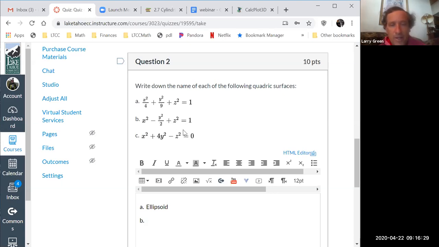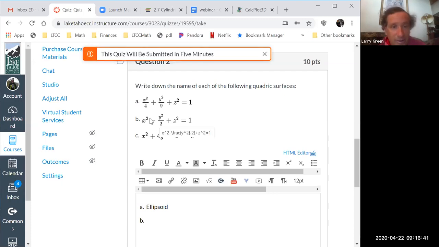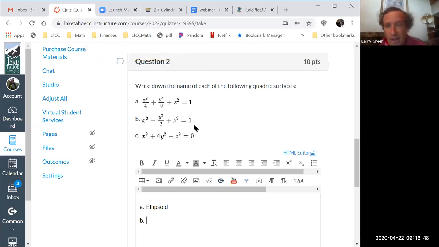Well, what do you get if you set z equals 0? If you look at the xy plane, what is it? Yeah, it's a hyperbola. And notice if you set x equals 0, you still get a hyperbola. And if you set y equals 0, you get an ellipse. And so you have all squares, and you have a 1 on the right-hand side.